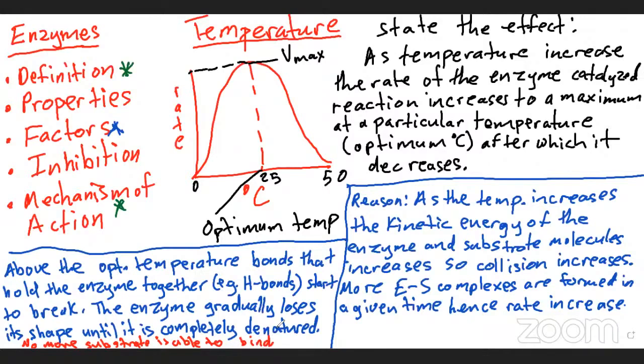The first half of the graph, let's look at it. This half of the graph over here is the part where we speak about temperature increasing, collision increases and rate increasing, right? So this part is the first half of the graph. That's the explanation for over here. And then this part is for the second half of the graph.